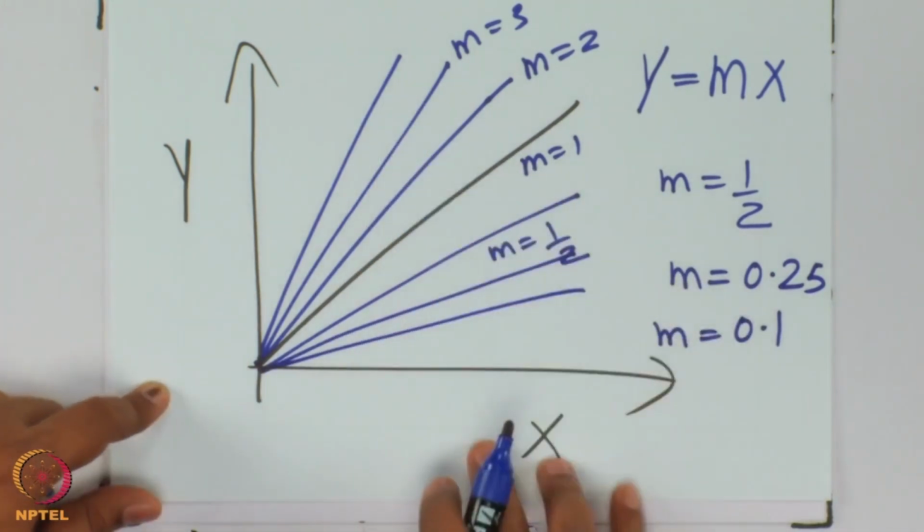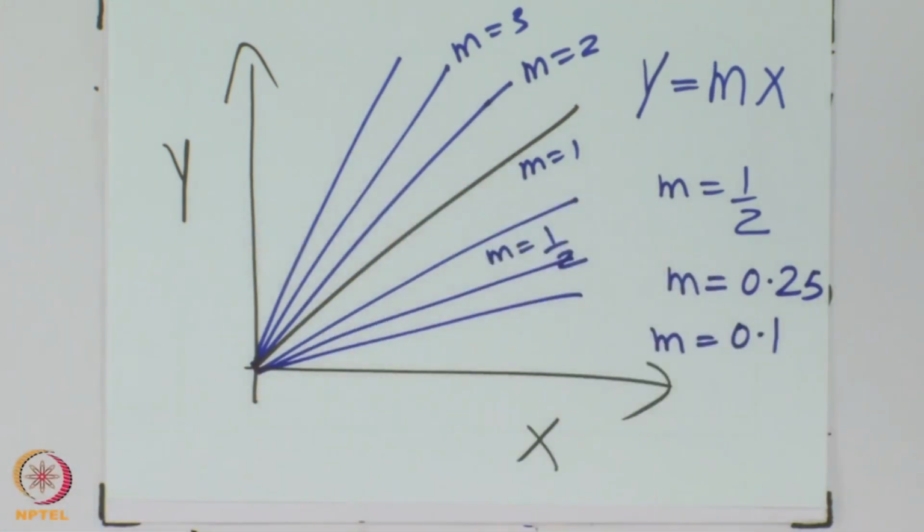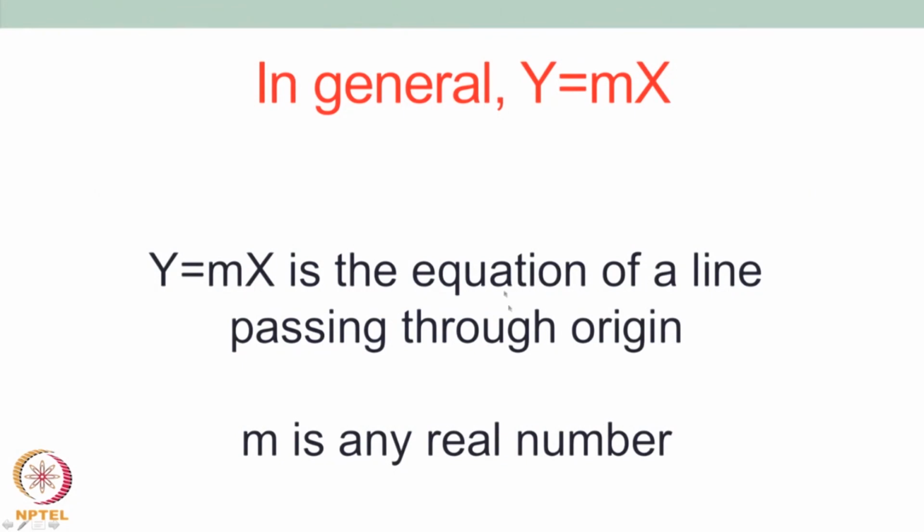So, do this and write down an equation for all of these lines. This is an exercise for you. In general, we can write y is equal to mx, and you will always get a straight line. So, y equals mx is the general equation of a line passing through the origin. m is any real number, it could be half, it could be 1, 2, 3 and so on.